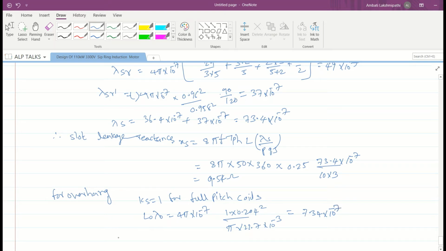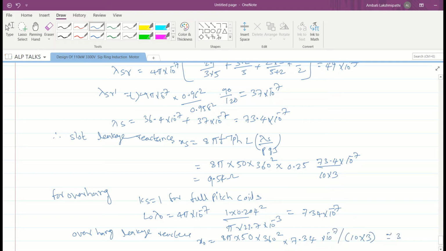Now let's calculate the overhang leakage reactance. We have a basic formula for that, x naught equal to 8 pi into 50 into 360 square into 7.34 into 10 power minus 7 by 10 into 3.